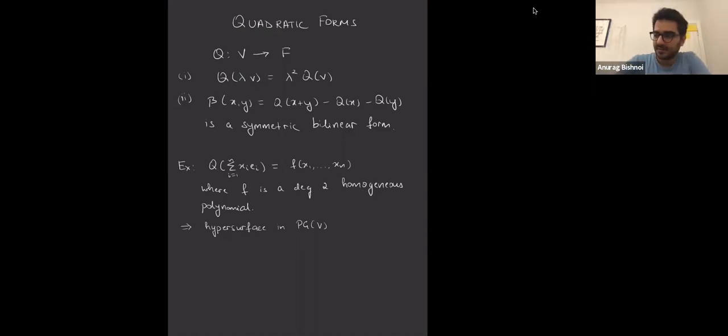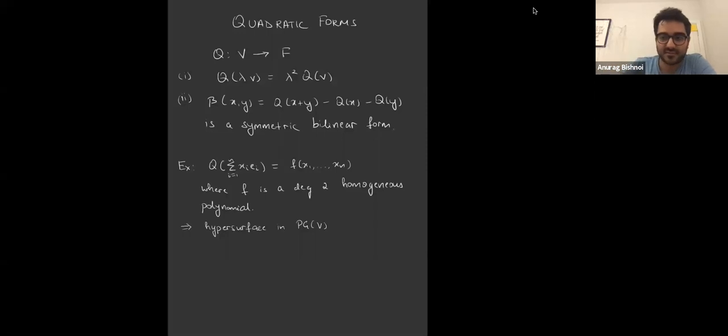So a quadratic form is just a function from a vector space V to its underlying field, such that whenever you take a scalar multiple of V, then you get lambda squared times Q of V. And if you take this function, Q of X plus Y minus Q of X minus Q of Y, then this function is a symmetric bilinear form. So they're intimately linked with symmetric bilinear forms.